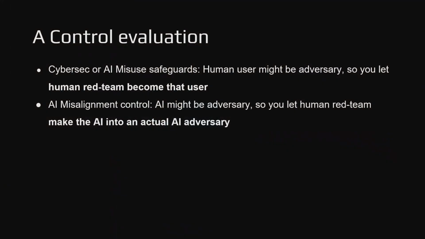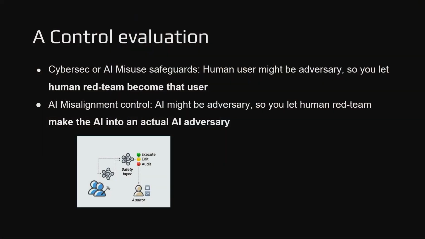So what we can do for control mitigations is, since we're worried that the AI itself might be the adversary, we can let a human red team make the AI into an actual AI adversary. So create an AI through prompting or fine-tuning or whatever method that actually plays the role of a fully misaligned AI that's trying to subvert our control measures.